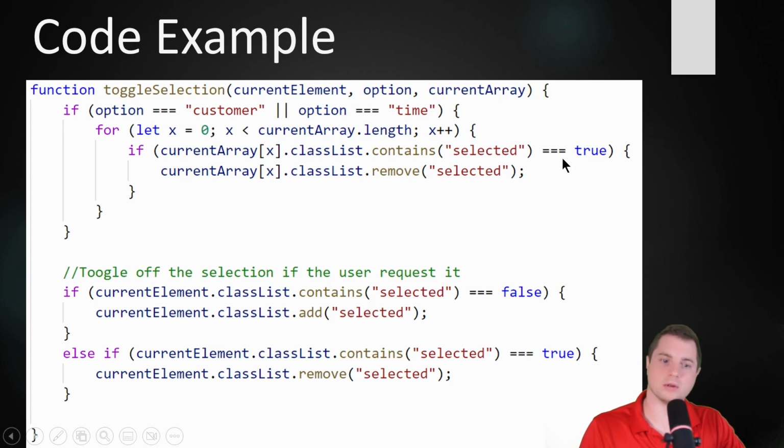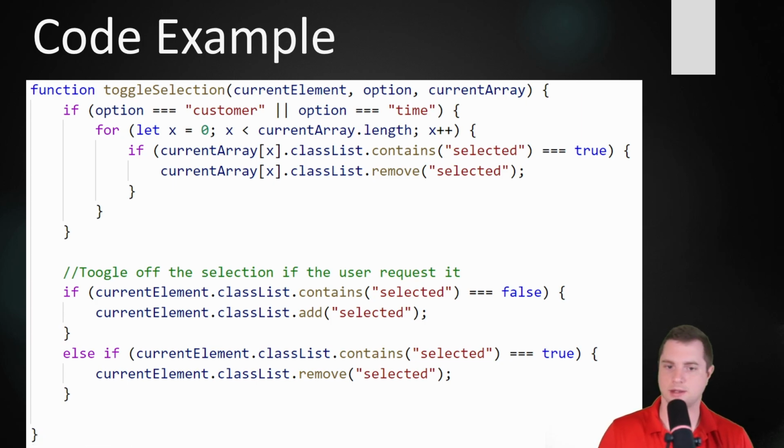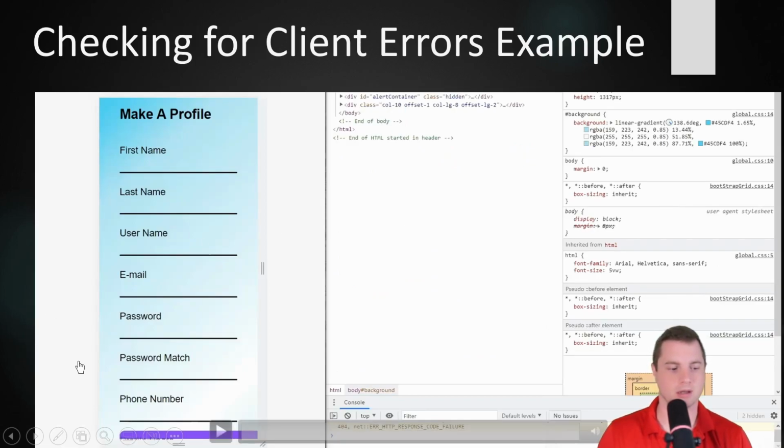If anything was selected, we're going to remove the selected, and then whatever triggered the event, we're just going to add the class of selected to that thing. And in the event that we removed the thing that was selected and it was already selected, we're just going to keep selected removed. A little bit confusing on the logic, and again, that's what I was talking about before.